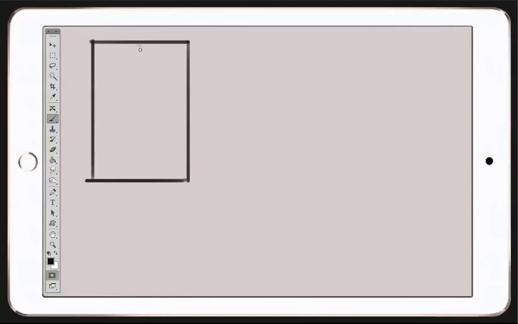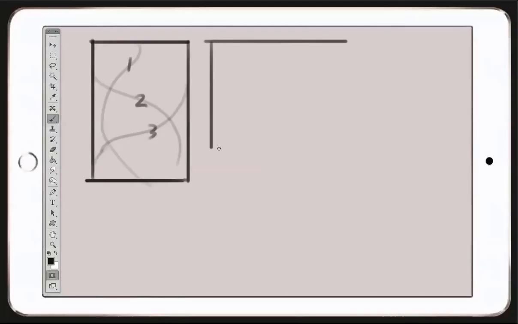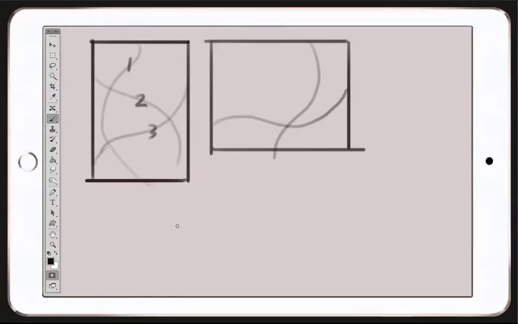Here's another example of the use of these rhythmic lines, and again I'm using 1, 2, 3, although you could use 4. Like I said, I wouldn't go more than 4, or you could just use 2 like that, and then build your picture on that structure.